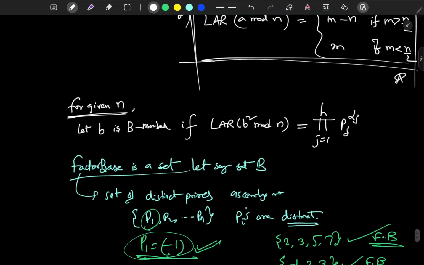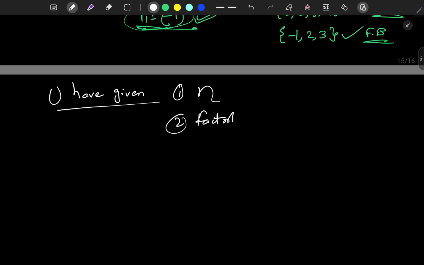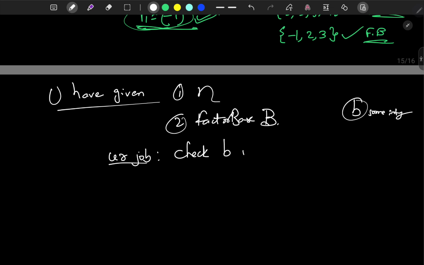That's it. So let's say you are given n and a factor base. Your job is to check whether some integer, name it small b, is a B-number or not.